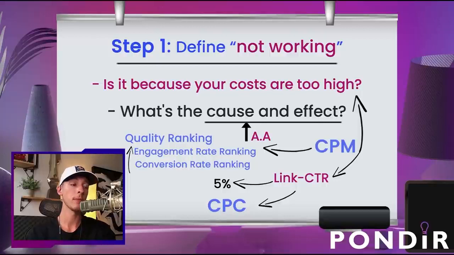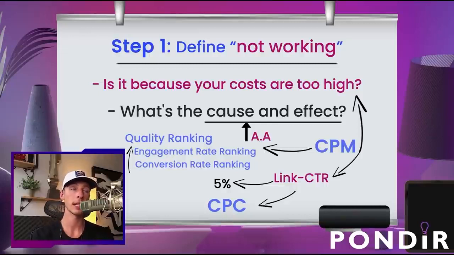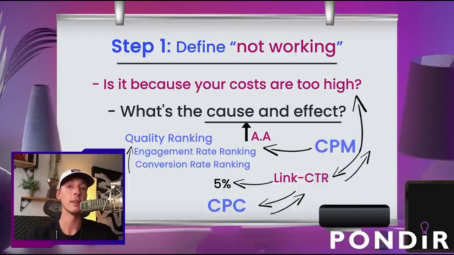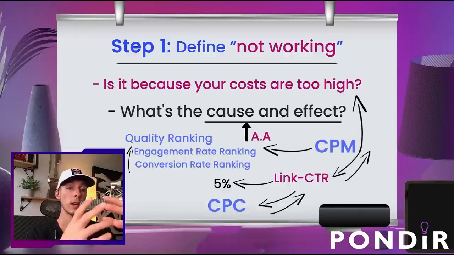So this is a mistake that a lot of newer advertisers make: before anything, they go look at their cost per click. But what they don't factor in is that cost per click is directly influenced by your link CTR and your CPM.